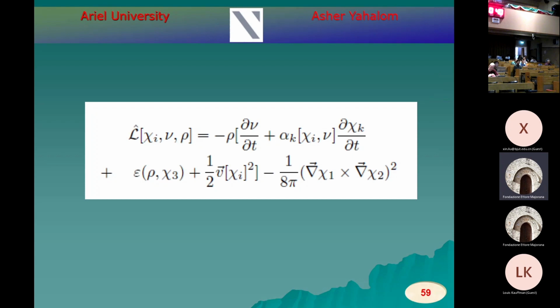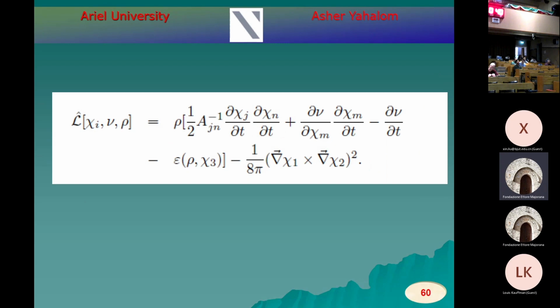And the velocity, if you plug those things in, will take this form. So now you have a Lagrangian density which has only 5 functions. And these are the chi i's, nu, and rho. And this is the form of this Lagrangian density. And you can write it more explicitly, just putting the alpha i back in this form. So this is a bit complicated with the A ij to the minus 1, but it's correct.